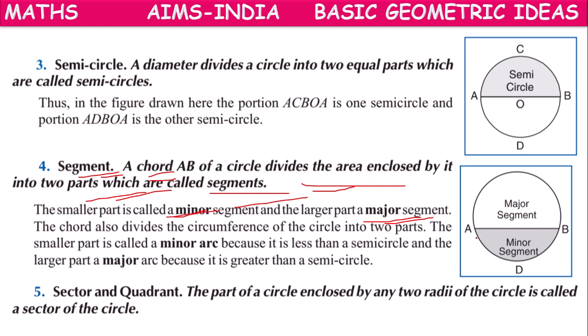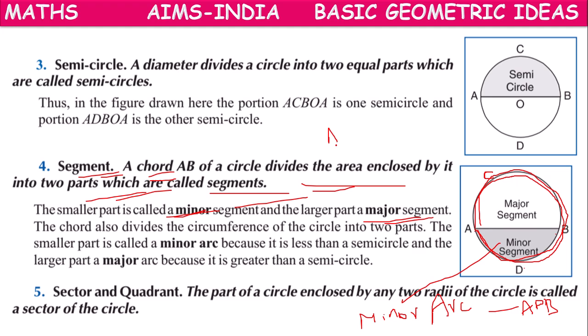Not only that, it also divides the circle into two arcs. So A, D, B can be considered as a minor arc. The upper part, if we take C here, so here minor arc is A, D, B. If we take the upper part, this A, C, B will be considered as the major arc.